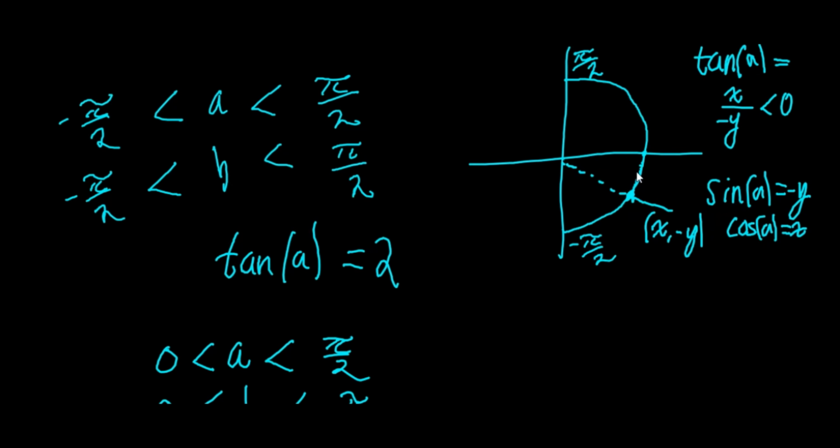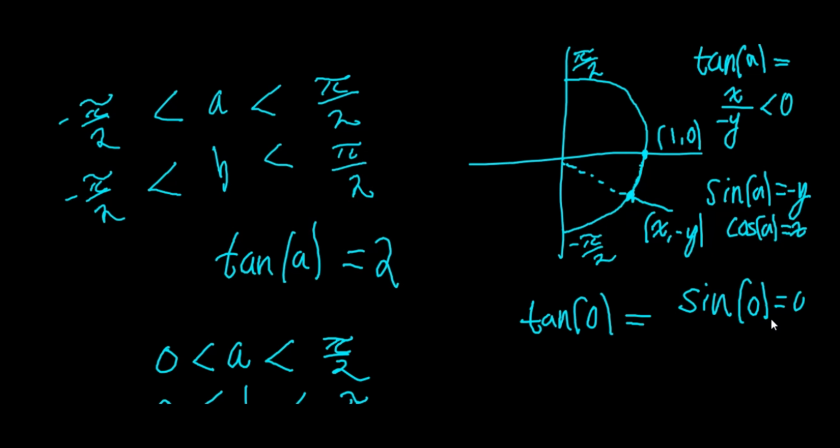And by the way, why is it strictly greater than 0? Well, suppose that the angle A was 0. Then the sine of 0 degrees is equal to the y coordinate of the point 1, 0, which is 0.